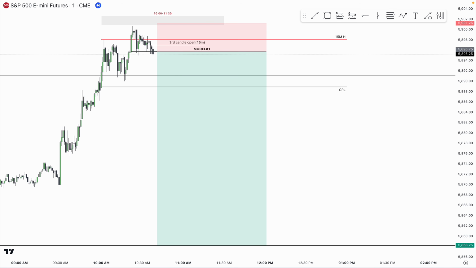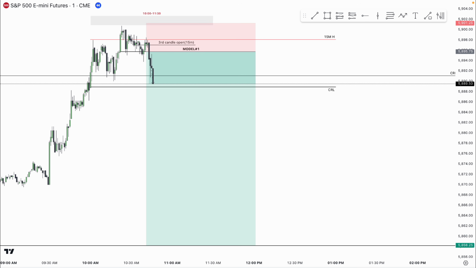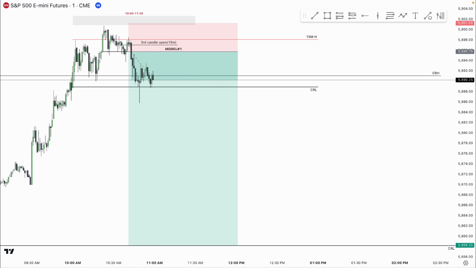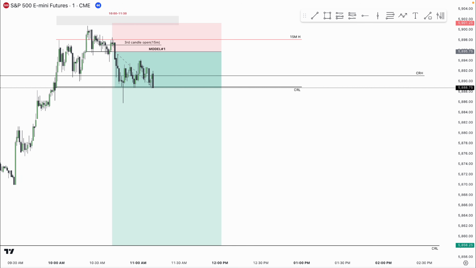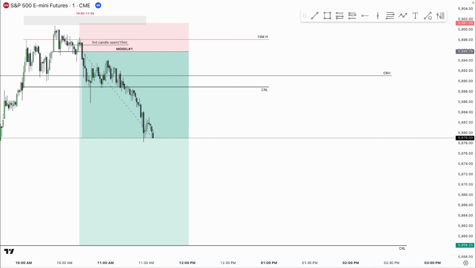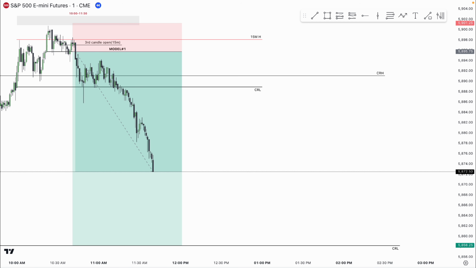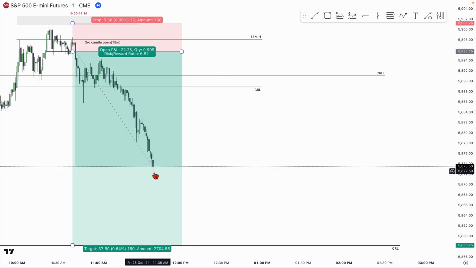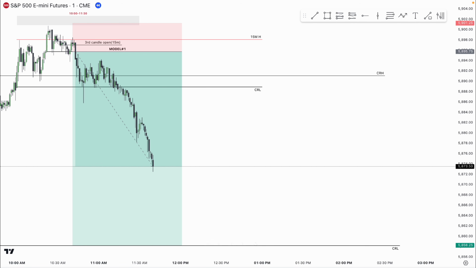Let's see what happens next. You can see that the price has hit 50% of the 6 AM CRT level. Let's see what happens next.